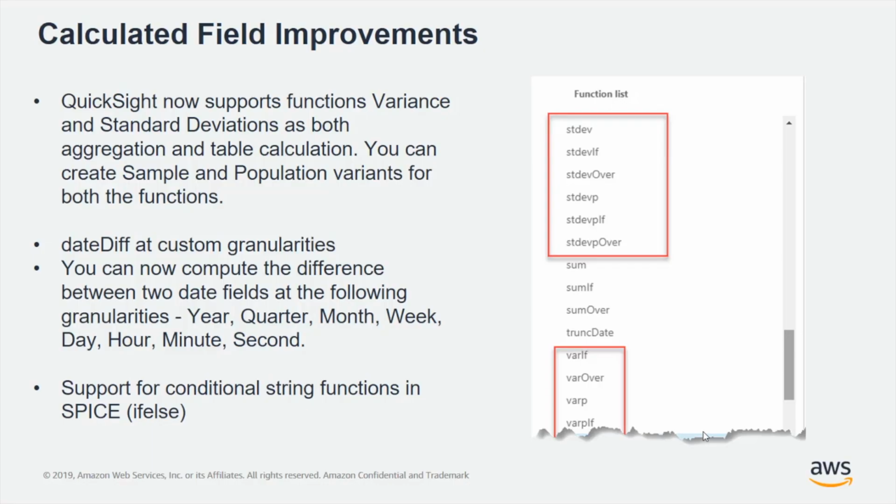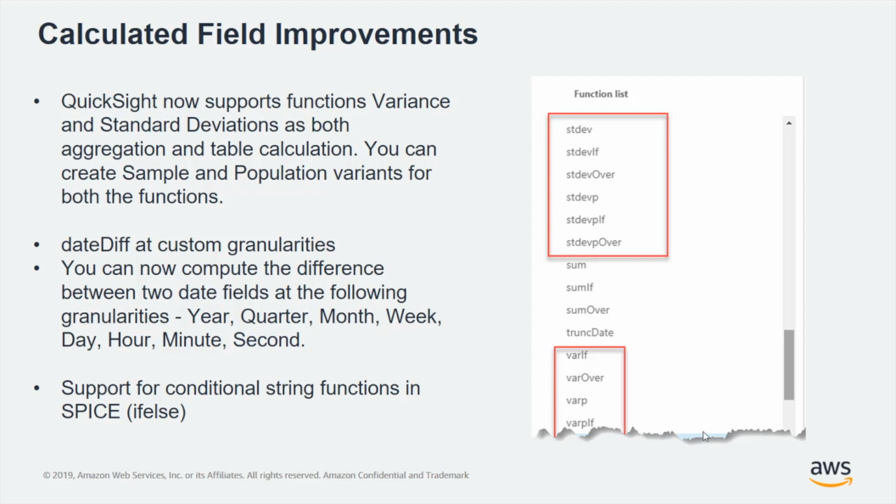So there's a number of new calculated field functions that have been added. There's been improvements to some of the existing calculated field functions, as well as some additions of some that existed for direct query but were not yet supported in Spice. So first, to start with the brand new functions. Variance and standard deviations are kind of the theme of these new functions, and there's lots of different iterations of them.